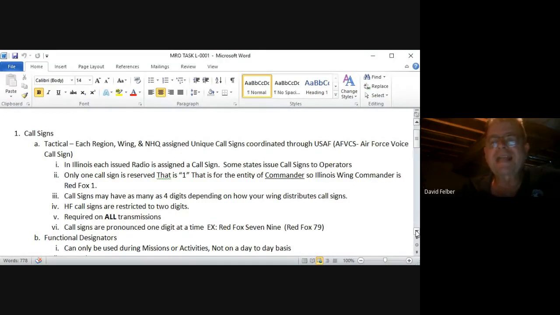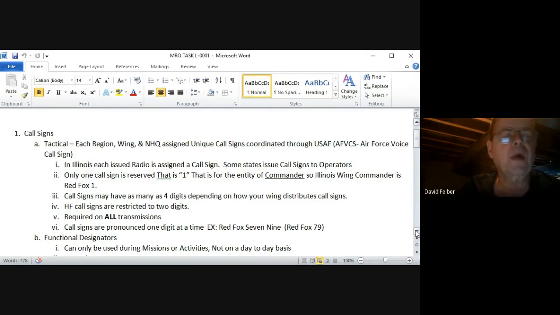A VHF call sign has 3 digits after Red Fox. I believe our ISR radios, is everyone familiar with the ISR radios? They're those small little handheld radios that look like family radio service radios. Each one is assigned a call sign. And I believe they're up in the Red Fox 500 and 600 categories.